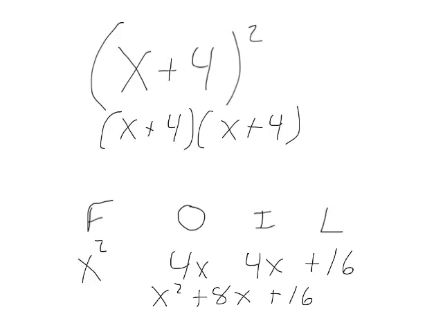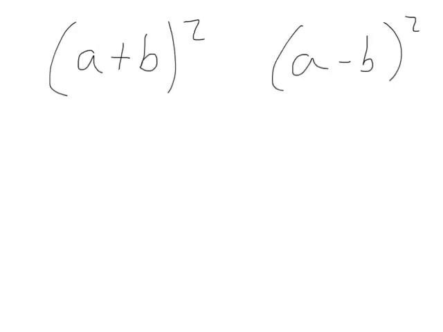Again, that was very predictable. I should see the 4x plus 4x is 8x because 4 times x and 4 times x always will give me that twice. And the first term, x times x, is very predictable, x squared. And the last term, 4 times 4 is 16, very predictable because we expect that to happen every time. In fact, so predictable are these patterns that we don't actually have to show the multiplication for them.